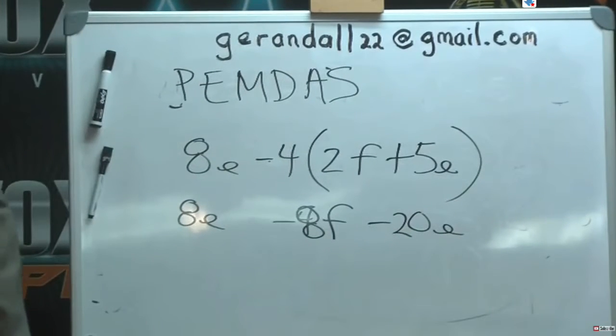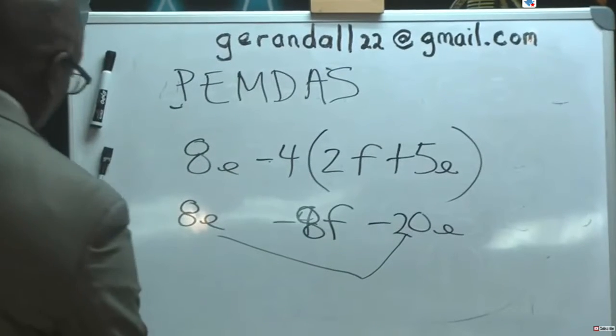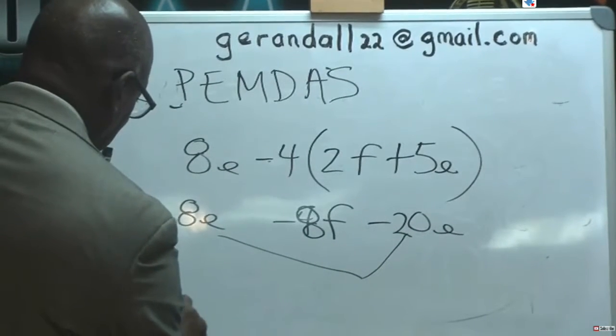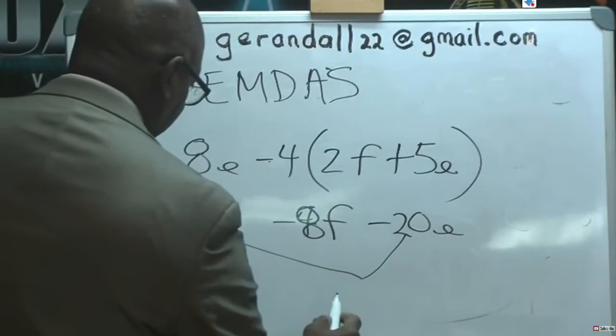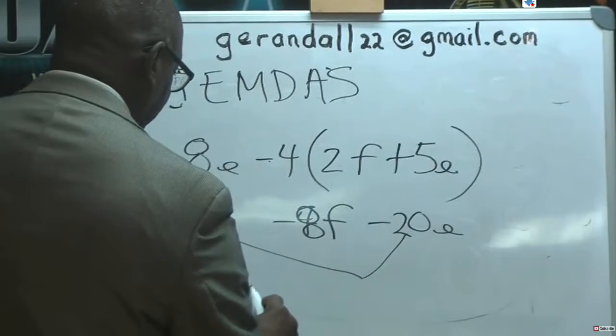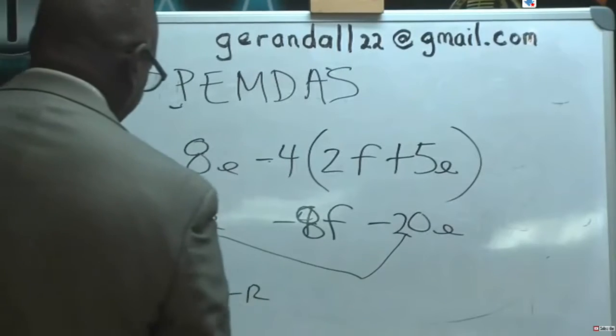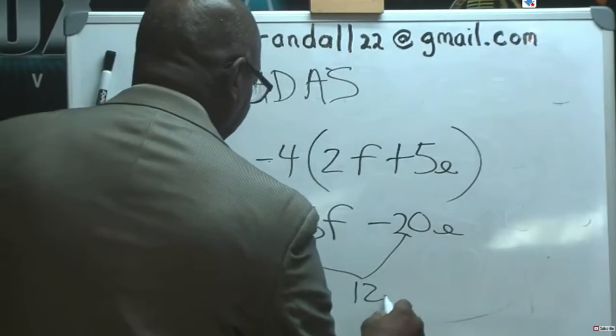Any like terms? Yes. And we're way out here at minus 20. And we're going to go 8 units to our right. And that's going to give us a minus 12. So, we combine like terms and we have a minus 12e.